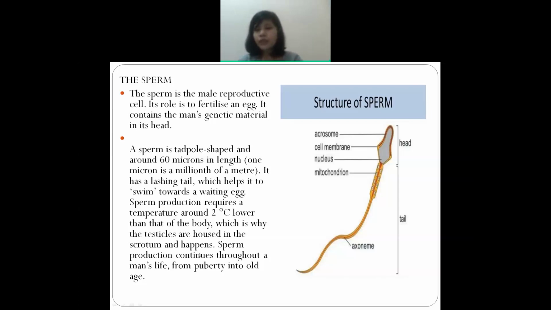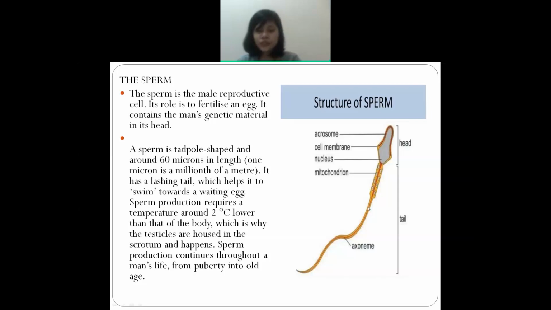That is why the sperm are stored in the testicles, and they are covered with the scrotum. Understand? And this sperm production continues throughout the man's life, from puberty till old age.